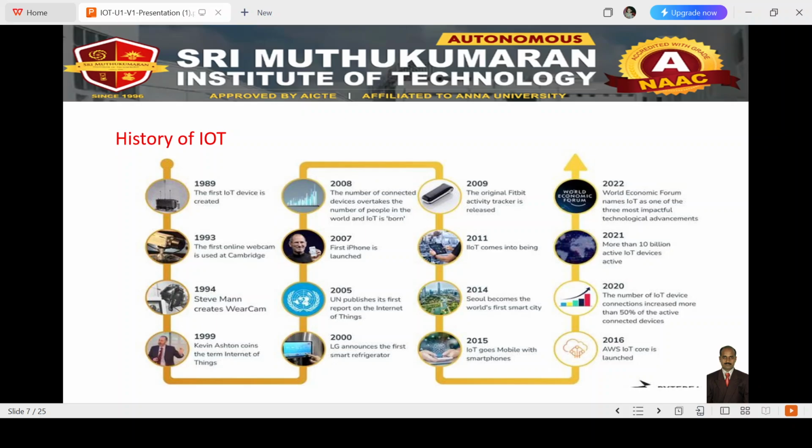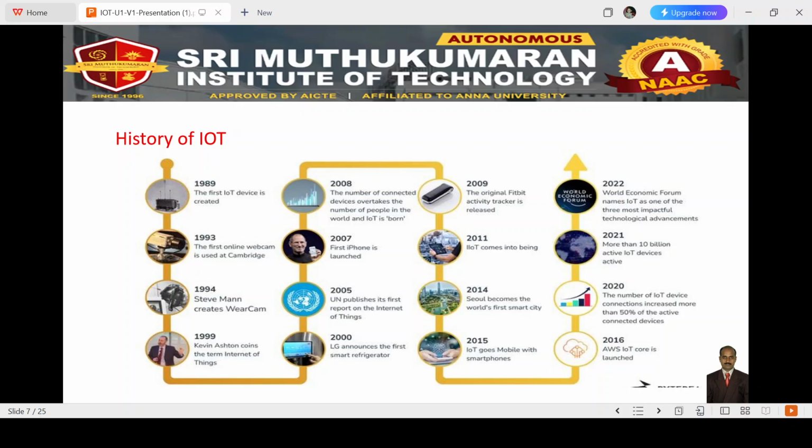We have around 7 billion people living in the world, and in 2008 the number of connected devices crossed the number of people. In 2009, the original Fitbit activity tracker was released, and going forward after that came 2011, 2014, 2015, 2016 and 2020.